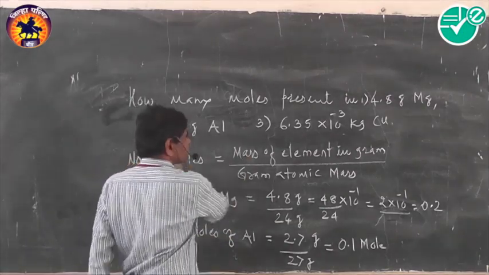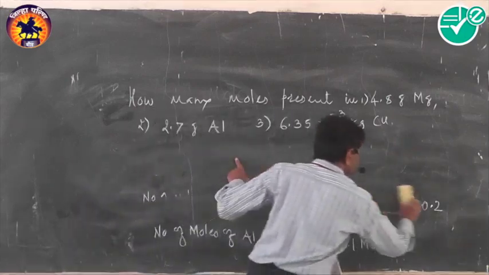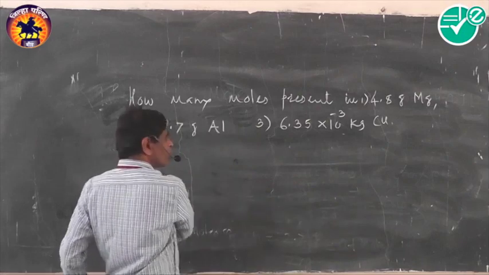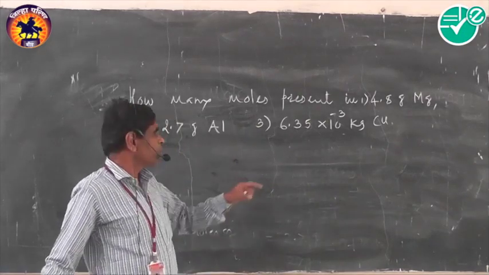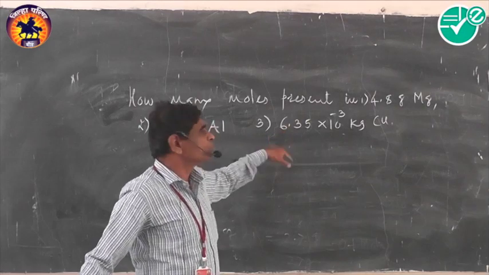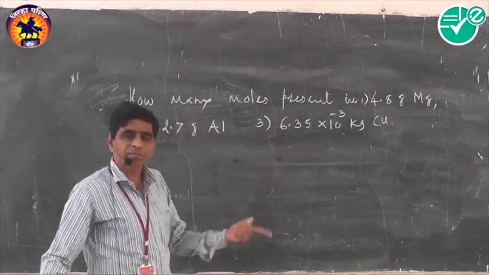Now sometimes mass can be expressed in kilogram. Now if mass of element is expressed in kilogram, then you have to convert the gram atomic mass into terms of kilogram.